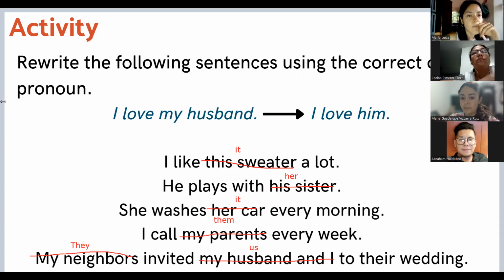And this is very, very basic and very essential when it comes to regular conversation. Esto es de lo que se usa de cajón para siempre, todos los días, en todas las oraciones. So the more we practice, the better.